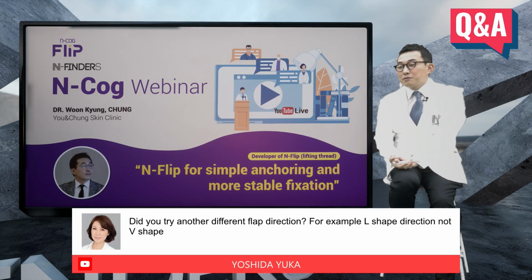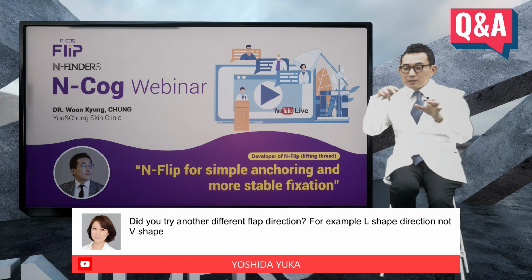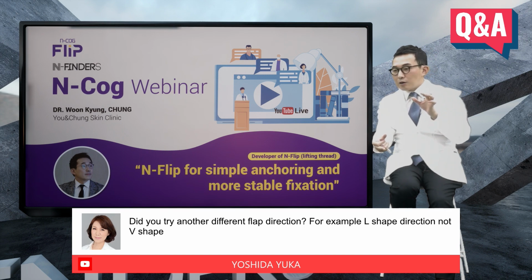Did you try another different flap direction? For example, A-shape direction, not V-shape. Okay. Yeah, I think that for A-shape direction, the outer end, meaning the inserted portion of the thread, has to be longer than now.